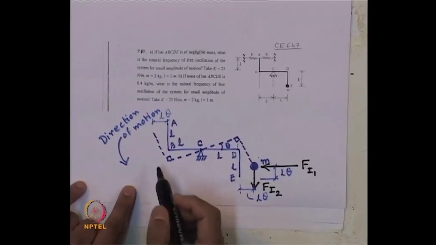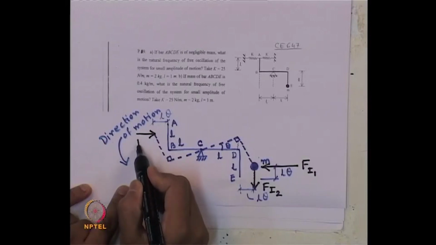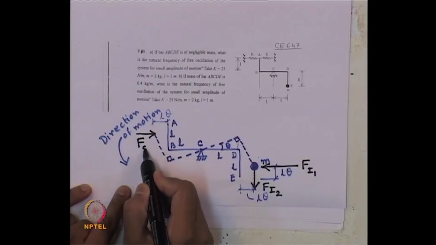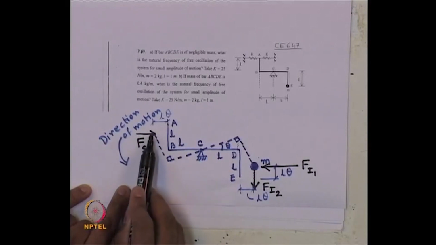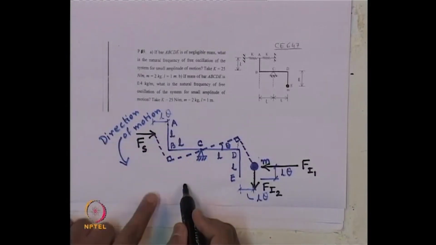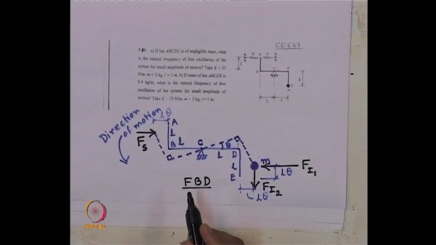And the spring force F s will act in the direction from left to right, because it will try to bring it back to its original position. So, this is the complete free body diagram of this problem.